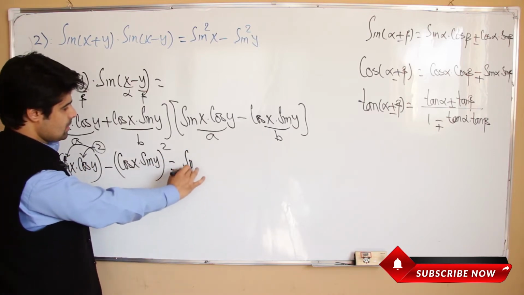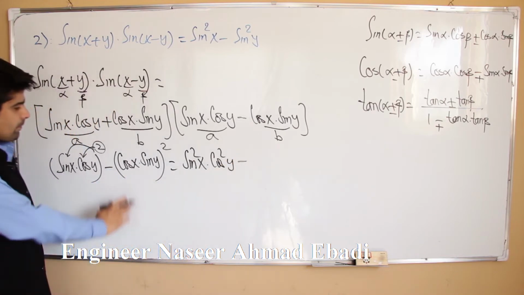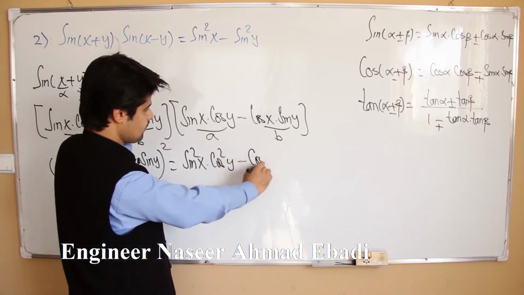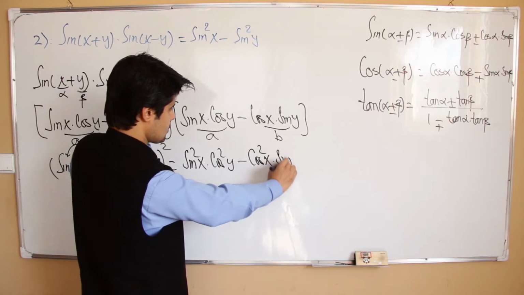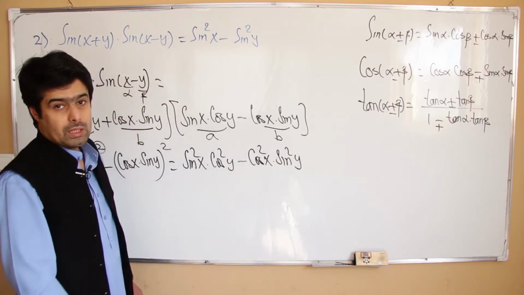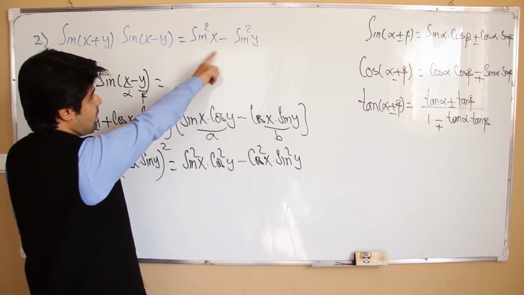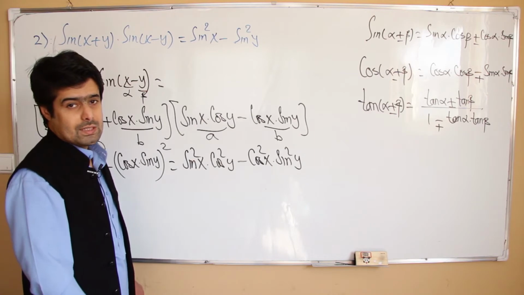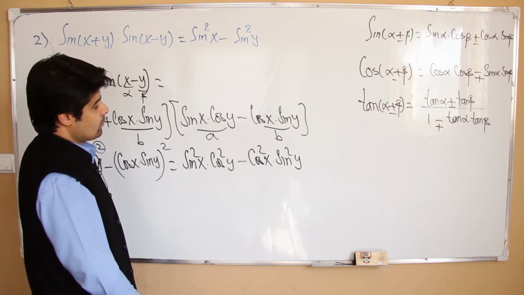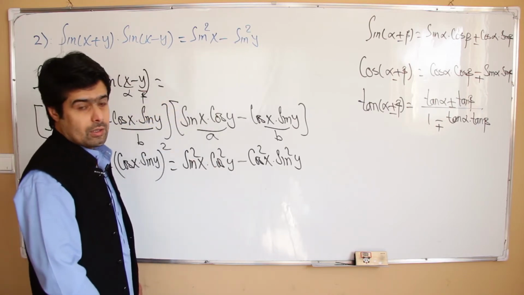It is sine square of x cosine square of y minus cosine square of x sine square of y. Now, we have found this one, but we have to prove that it should be sine square of x minus sine square of y. What does it mean? It means we have to prove that the answer should be in terms of sine, not cosine.